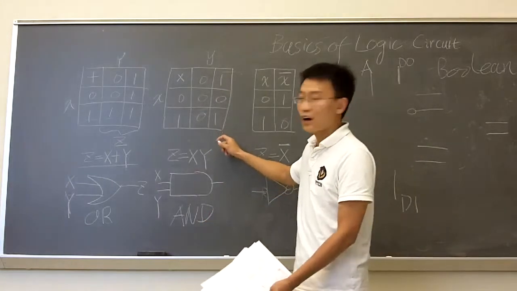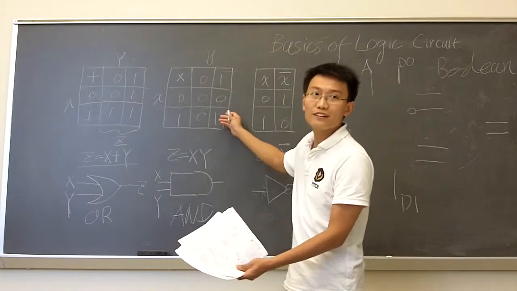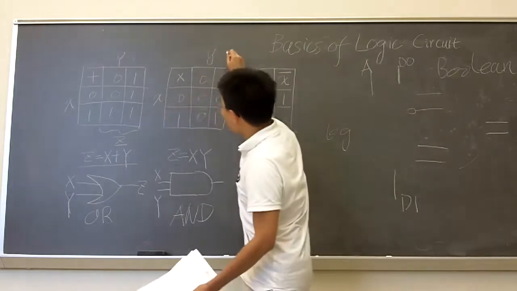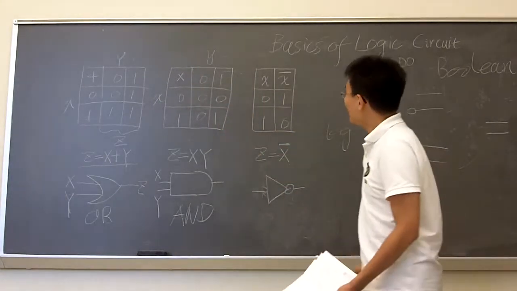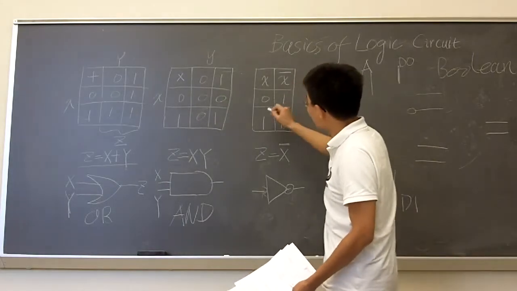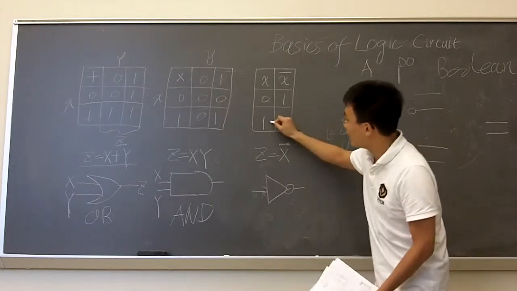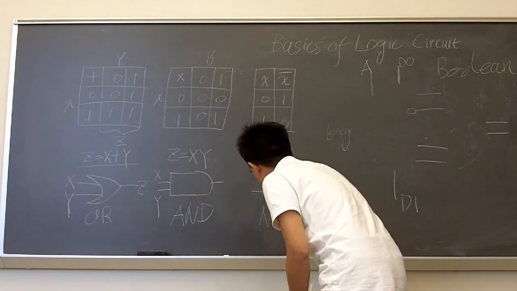Because we get the output 1 if and only if both x and y are 1s. Great. The third operation is negation. The negation of 0 is 1, the negation of 1 is 0, and we call the device a NOT gate.